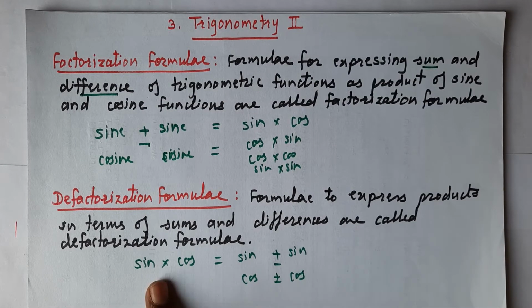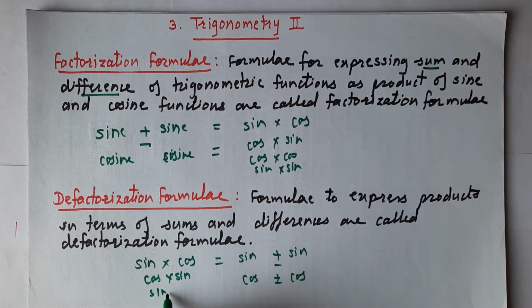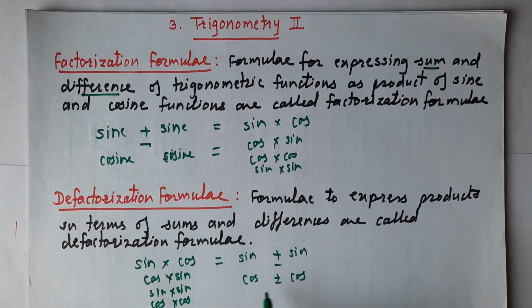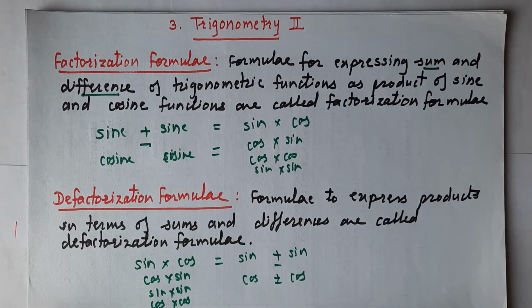To the left hand side there is sine into cos or cos into sine, or both functions may be cos, and to the right hand side there will be addition or subtraction of these two functions.